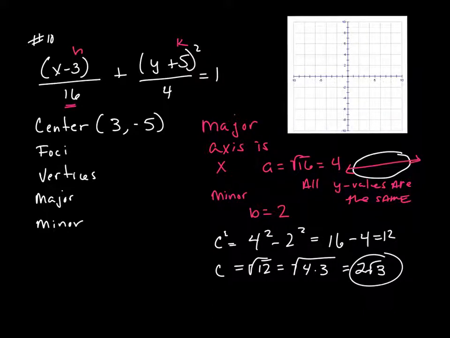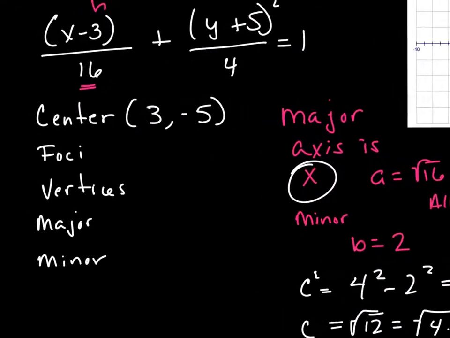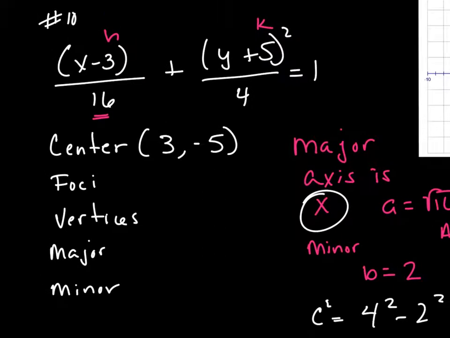So what's changing is the x values. So let's go through and rewrite this. We're going to find the foci and the major vertices of my ellipse. And remember, what I'm going to do is add or subtract to those x values.